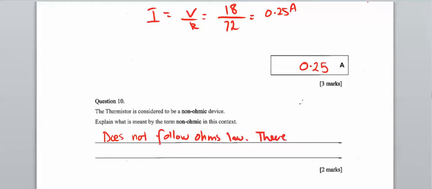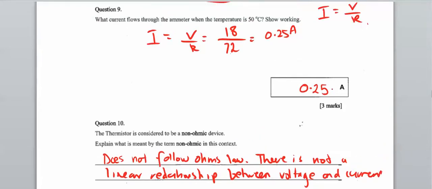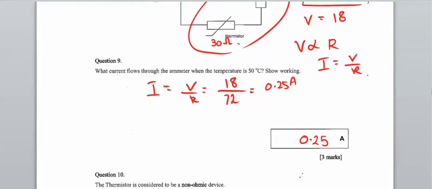There is not a linear relationship between voltage and current. So if we were to look back up here, we're going to say the voltage is proportional to the resistance, and obviously voltage is proportional to the current.